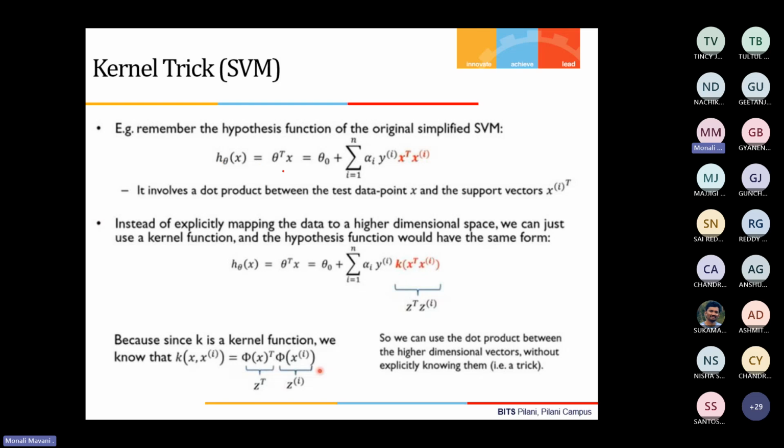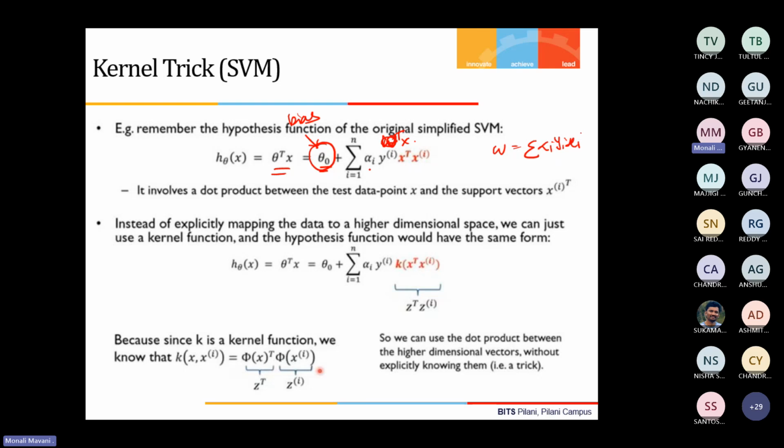So how does our hypothesis function change now? We have theta transpose x, which is theta 0 plus the weight term W. We have separated the bias term here, and W is nothing but the summation of alpha i y i x i.